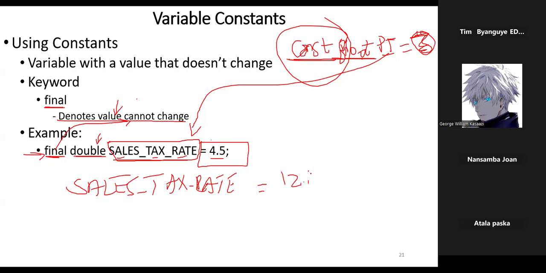Maybe it has changed. Maybe let's make it 12.5. When you do this, you will get an error. You can only set it from one place here, because once a variable constant is created, it cannot be assigned a different value. So initialization is very key in variables like these, the variable constants.